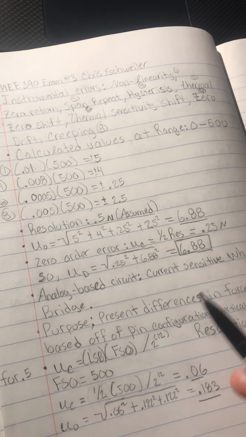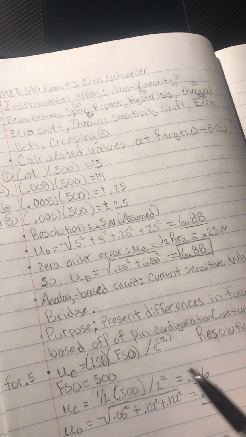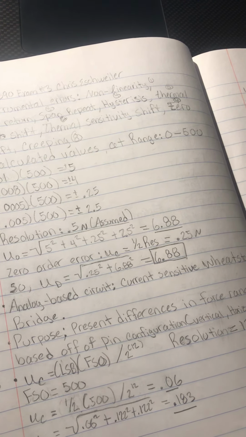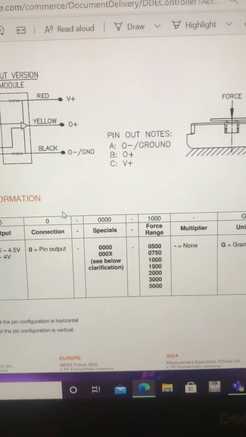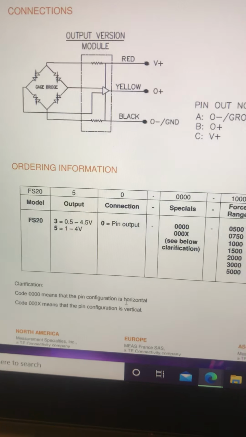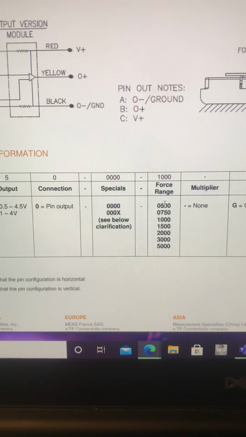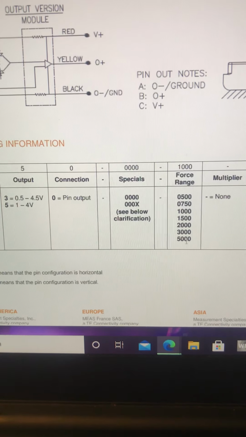And I think the purpose of it is to present differences in the force range based off of pin configuration, whether the pin's vertical or horizontal, and by that I mean going to here, when the pin is, as you see down here, when the pin is horizontal, you only get a force range of 0 to 500, but when it's vertical, you can get all these when it's vertical.